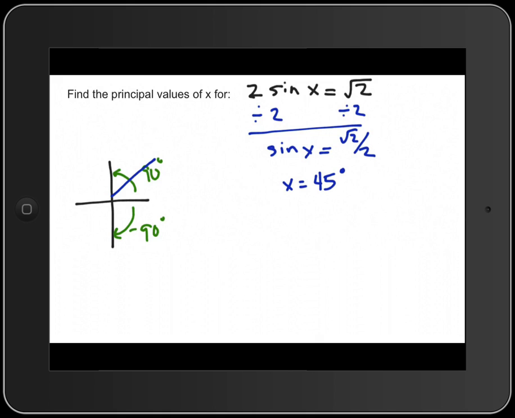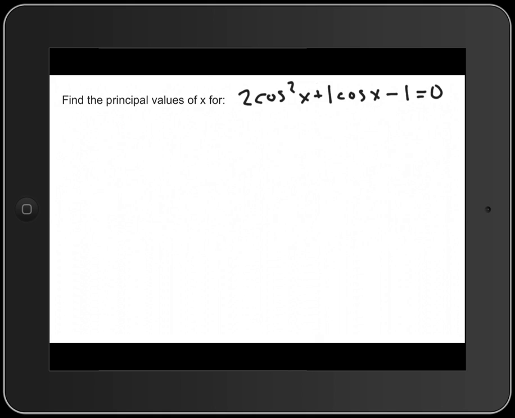The next one up we're going to look at is a little bit more complicated, same type of problem, but a little bit more complicated. This is a situation where we want to recognize some algebraic features. This one is reminiscent of a quadratic problem, and the reason why it looks like a quadratic is because of this cosine squared. Whenever you see squared as the highest degree, I want you to think quadratic.